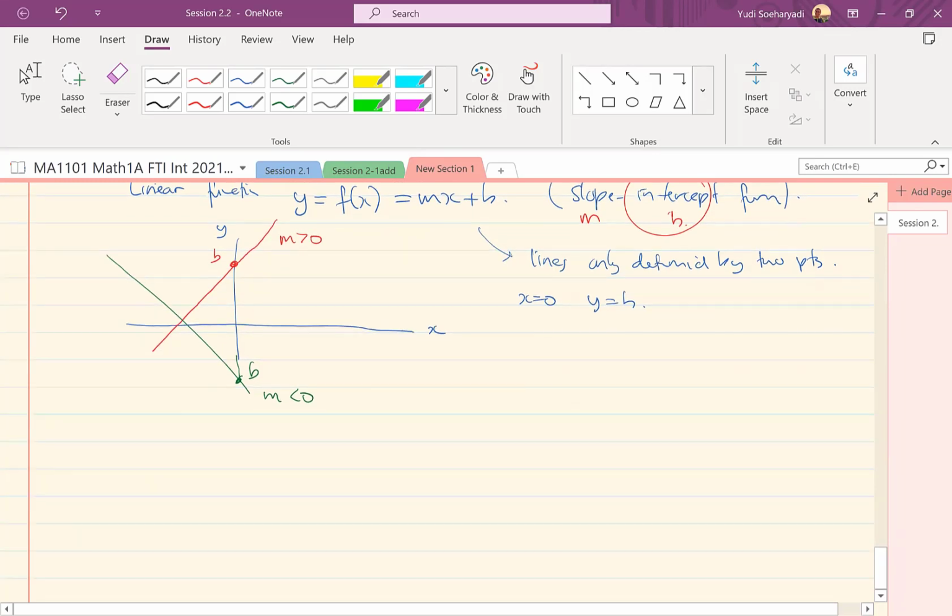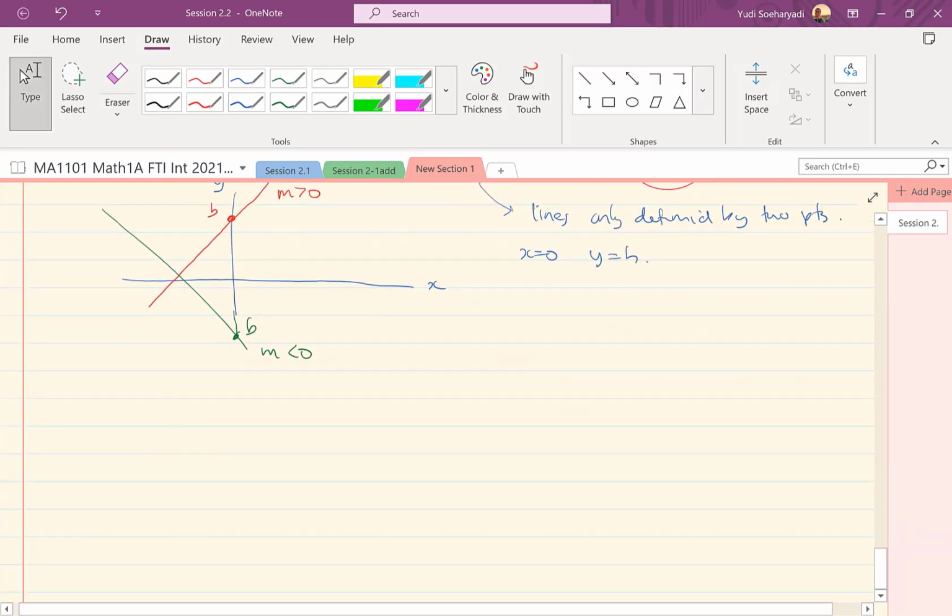Okay. And sometimes you have lines with this one also. This is the point slope form.